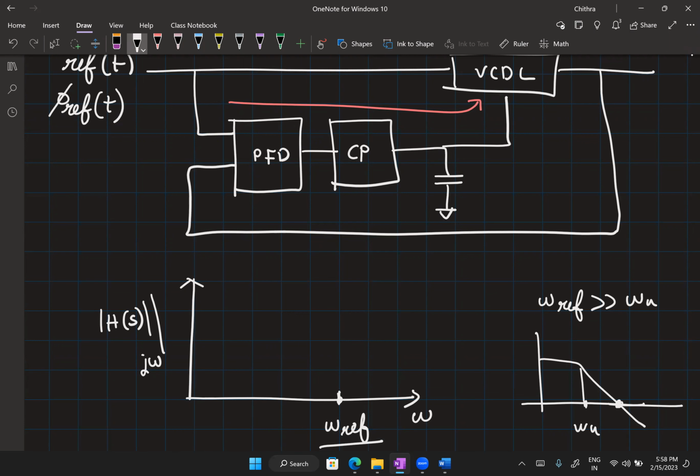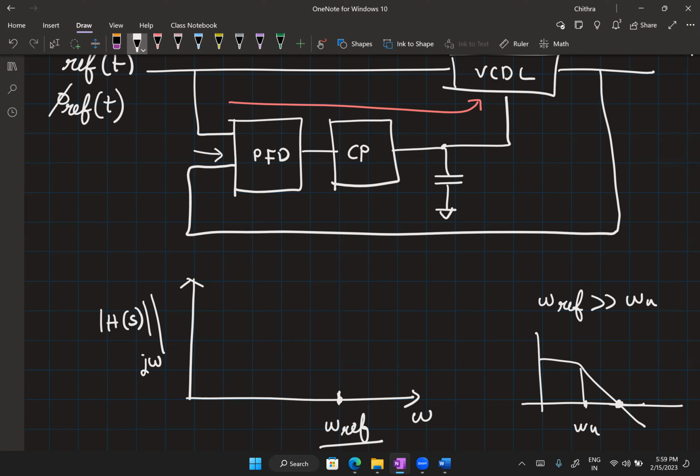Which means that any high frequency noise getting injected at this point will get filtered out. Due to capacitance, yeah, it is getting attenuated. There is no point of injecting any noise. It won't have any effect, right? I mean, we are not injecting the noise. The noise is present in the circuit.